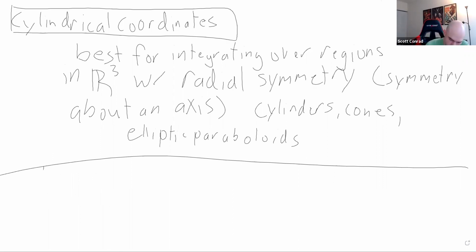Okay. So just a reminder. For cylindrical coordinates, we describe a point using r, theta, and z. That's going to be the ordered triple we use for cylindrical coordinates.